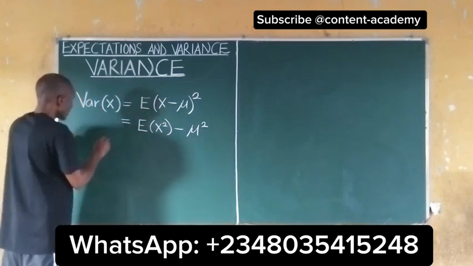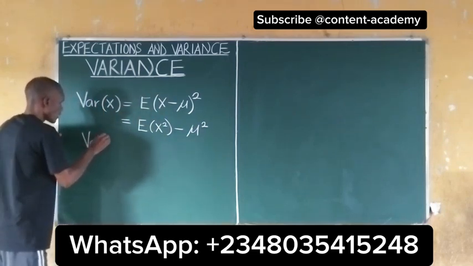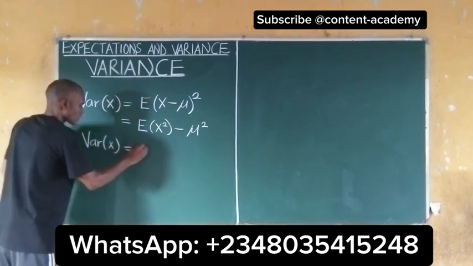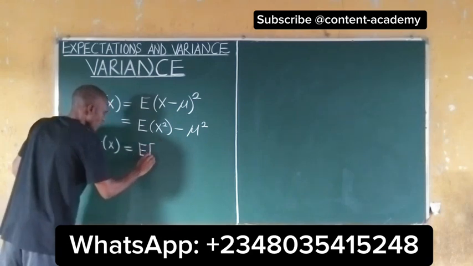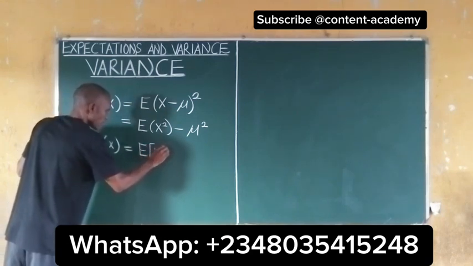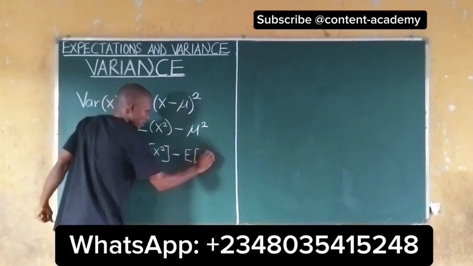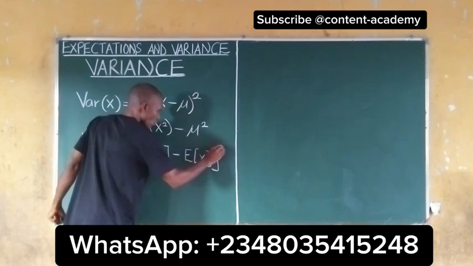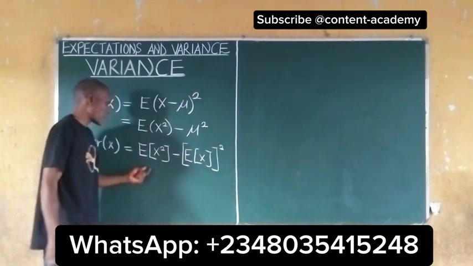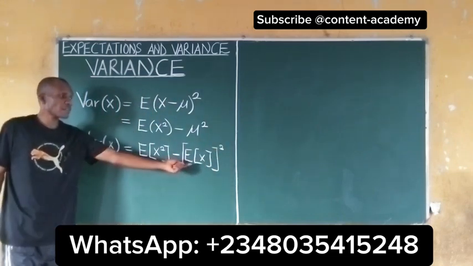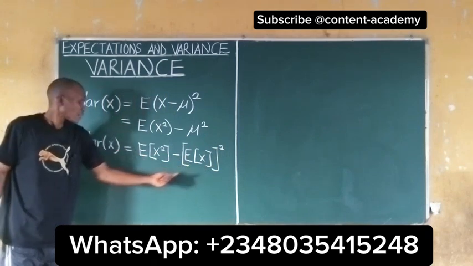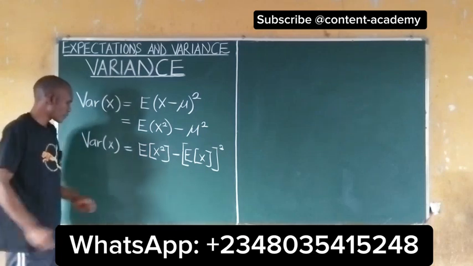The variance of x can also be written as the expected value of x squared minus the expected value of x all squared. Now, how can we compute the expected value of x and the expected value of x squared?